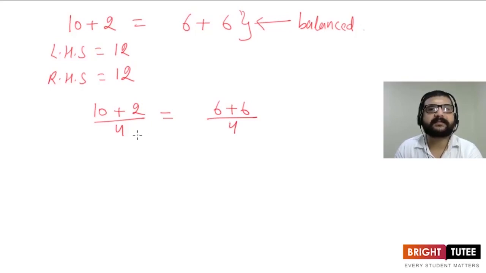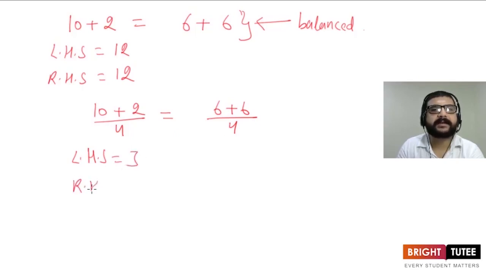Now let's check whether the equation is still balanced or not. 10 plus 2 divided by 4 gives us 12 divided by 4. So LHS will become 3 and RHS will be 6 plus 6, that is 12, divided by 4 gives us 3 again. So here also we have LHS is equal to RHS. Hence we can say the equation is still balanced.